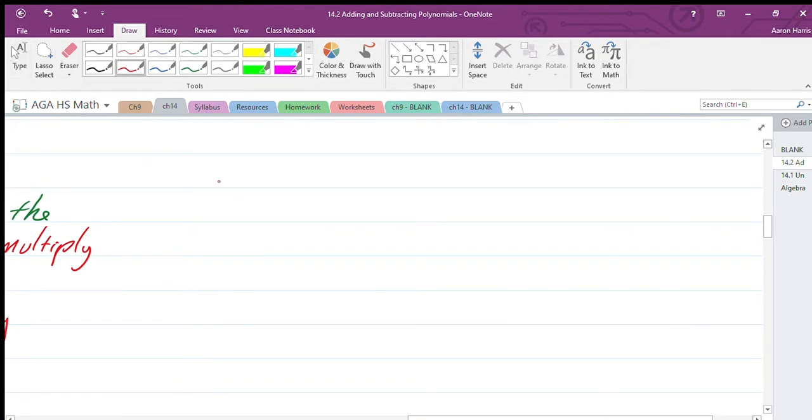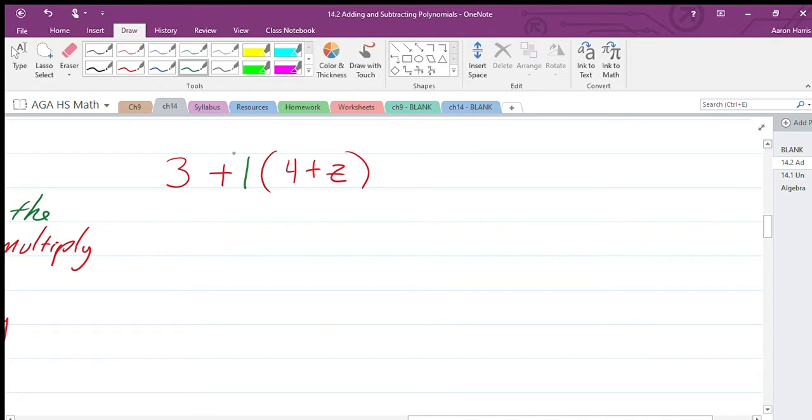Okay? So here's what I really want to drive home. What happens when there's just a plus sign? Let's say there was 3 plus, and then this set of parentheses, let's say 4 plus z. Is there anything to distribute? All right. Most of the people would say, no, you can just drop the parentheses because it says plus, but this is what you're really doing. Remember the understood 1? There's an understood 1 right there.